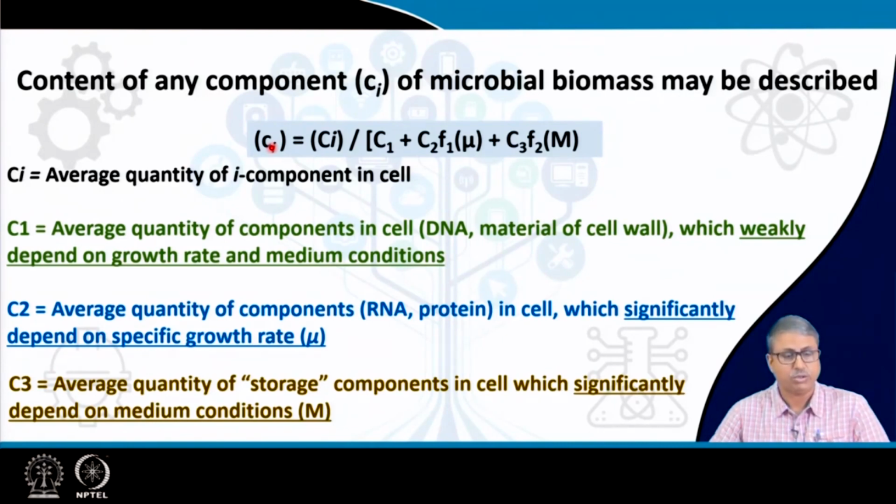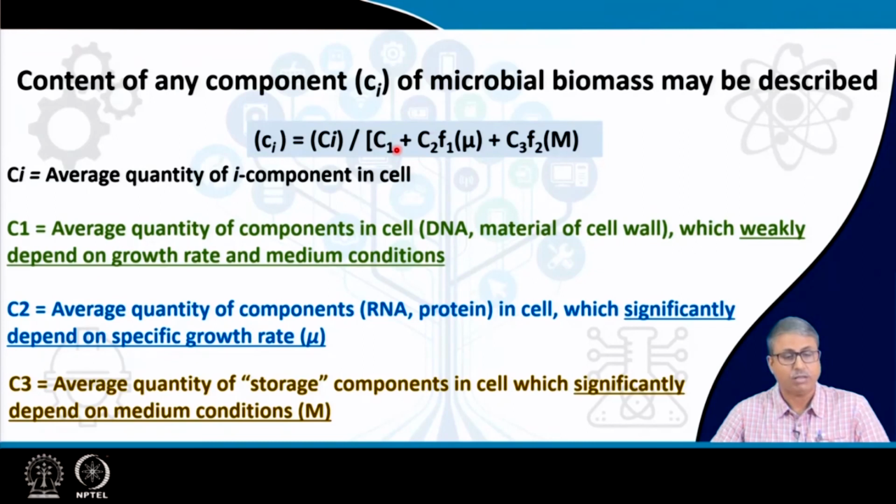So, it can be determined by the following formula, which is capital Ci divided by C1 plus C2 F1 mu plus C3 F2 m. Now, what is C1, C2 and C3?